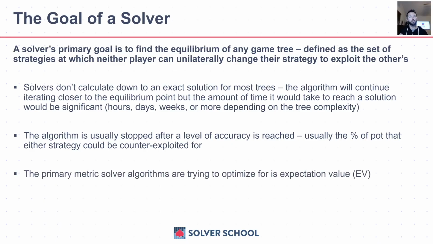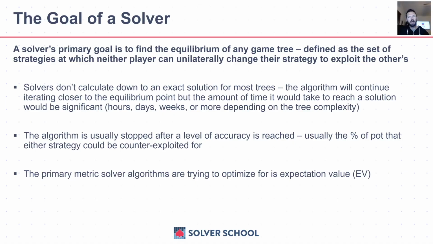What the solver is actually trying to optimize for, there's a lot of different metrics and data points within solvers, which we'll cover in some upcoming videos, but solvers are trying to optimize for expectation value, or how much money or chips or whatever unit of currency we're using within that particular game or model.